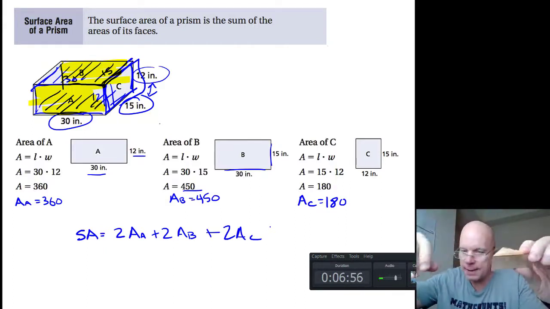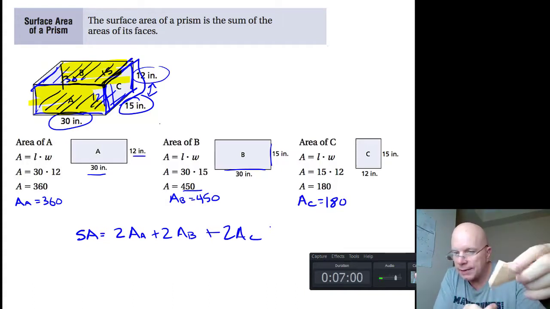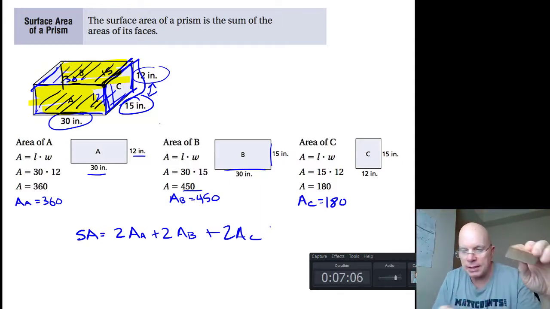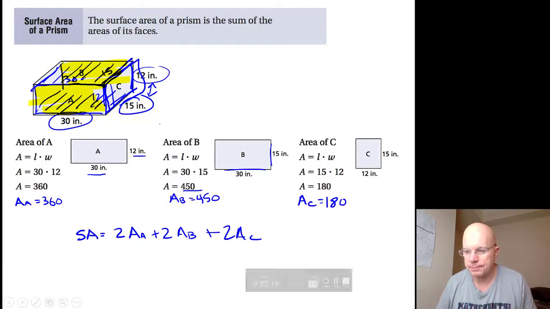I have two faces like that. But this rectangle, there's no other rectangle like that one. There's two smaller rectangles, but I wouldn't have two of this face. This formula just depends on what polyhedron you're dealing with and how many congruent faces it has.